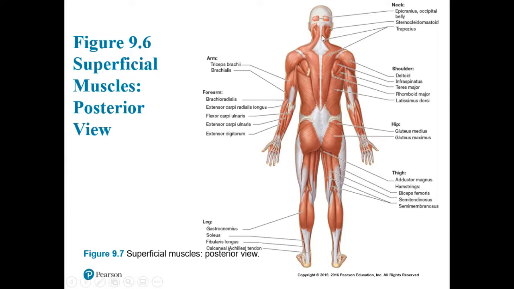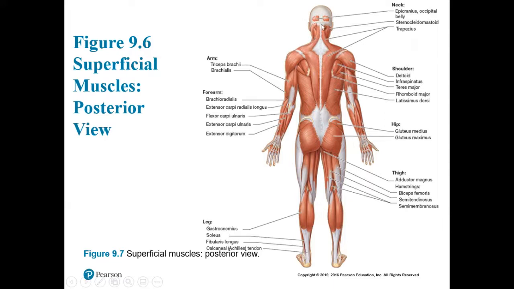Here's the trapezius, right? The trapezius muscle is a rather large muscle, which you can actually feel on the back of your neck. So if you go ahead and feel the back of your neck, that is the beginning, the start of the trapezius muscle. Okay, so now it's got many origin points.